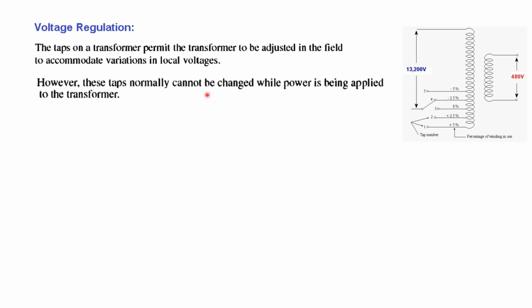However, the taps normally cannot be changed while power is being applied to the transformer. In a live line, if you try to change it, there will be a spark, which may damage or may be dangerous. It is advisable not to change it while it has power on it.